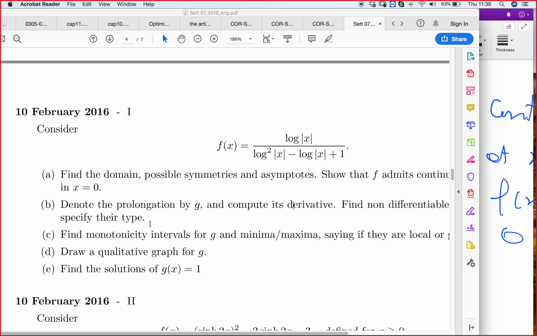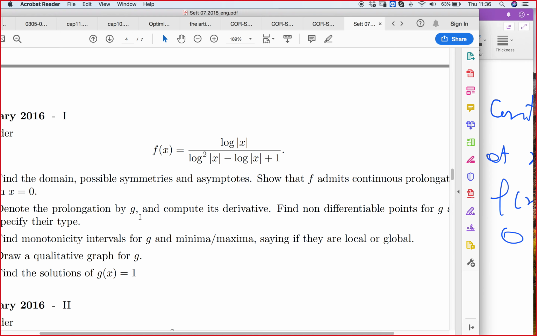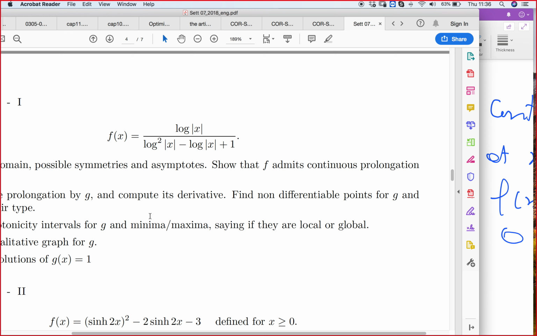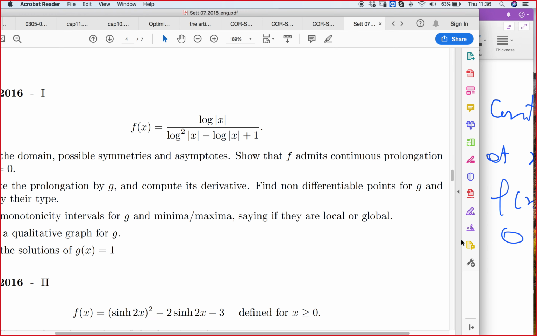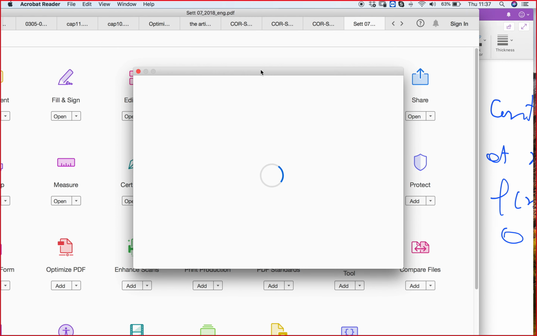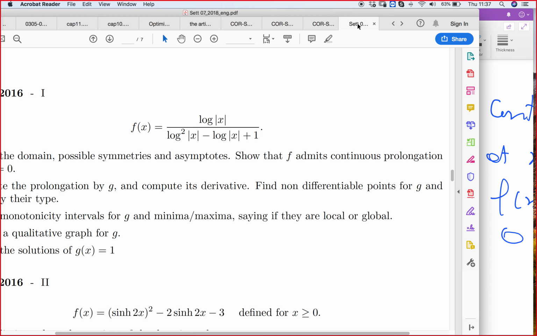So next question. Then denote the continued prolongation by g, as we did. Compute the derivative. Find the differentiable points of g and specify the type of the non-differentiable points. Okay, so we need to find the derivative.